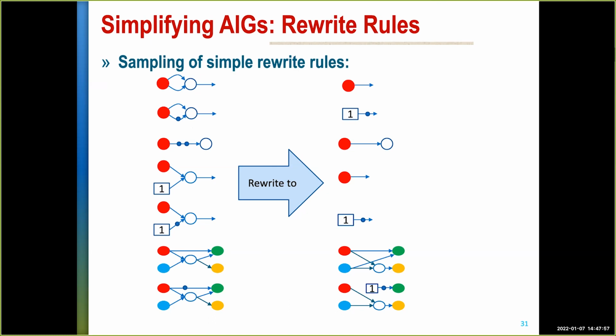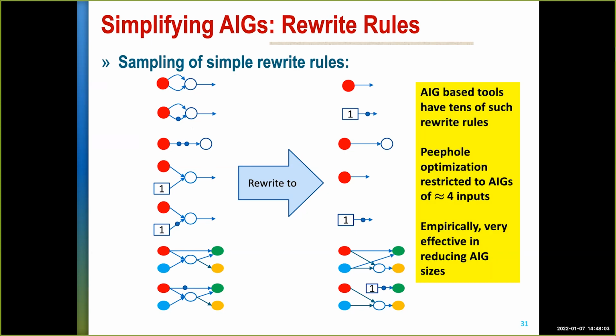And these are very easy to match and do the rewriting as you're building the AIGs. Okay. So AIG-based tools literally have tens of such rewrite rules, and it is really a peephole optimization, for example, which will look at little sub-circuits with maybe up to 4 inputs, up to 3 inputs, and these are very, very effective in reducing AIG sizes.